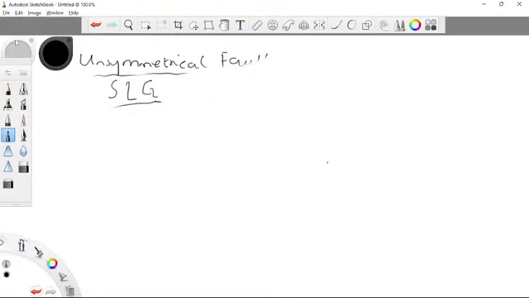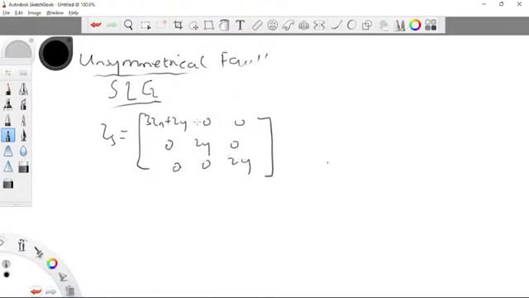From symmetrical faults, realize that our ZS was, I'll mention it again, 3ZN plus ZY, 0, 0, 0, ZY, 0, 0, 0, ZY.